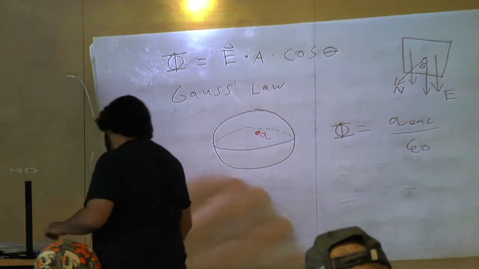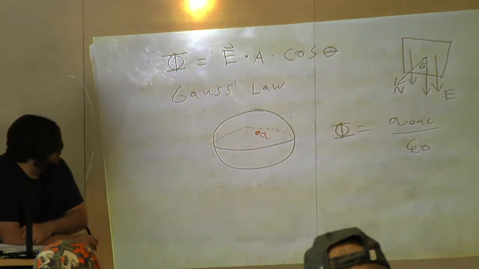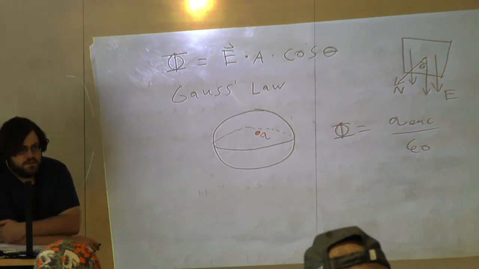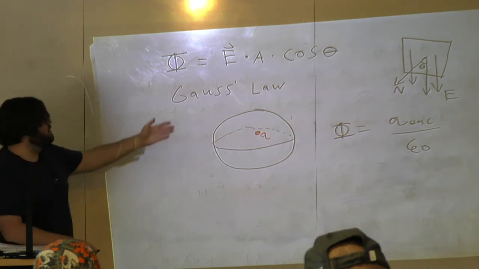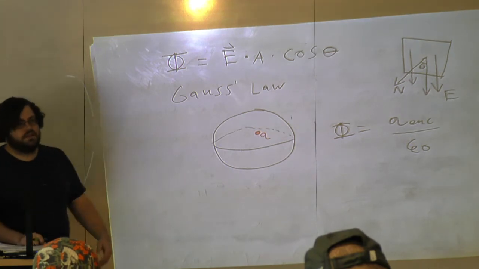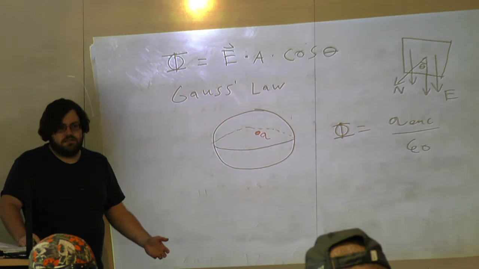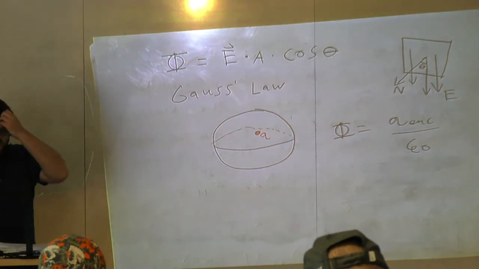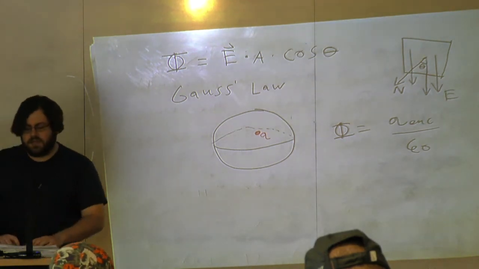A constant, a super simple constant that never changes. You only need to know one quantity to calculate the flux. But this only works for an enclosed surface that actually has charge inside of it. Over here I drew a little sheet that has the flux moving through it. That's not a closed surface, so we can't use Gauss's law to talk about that. It's not meaningful. So one of the tricks is just remembering when one law applies and when the other law applies.